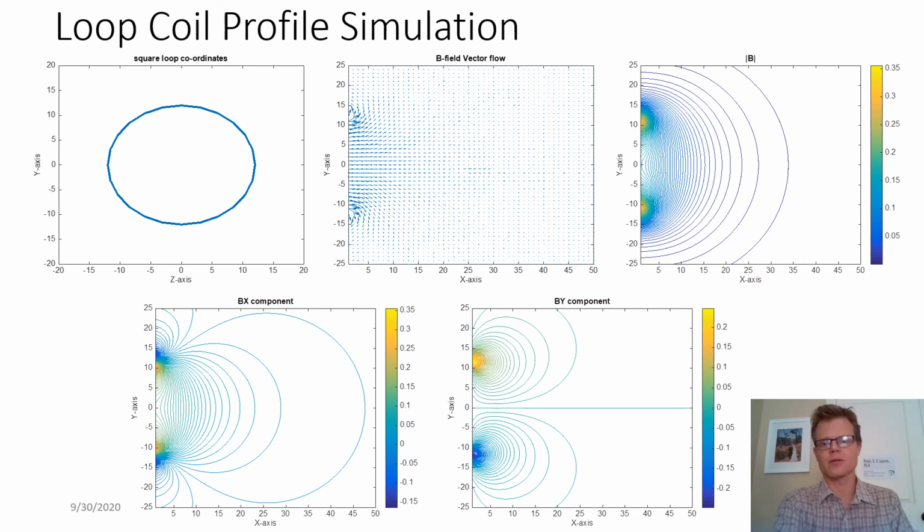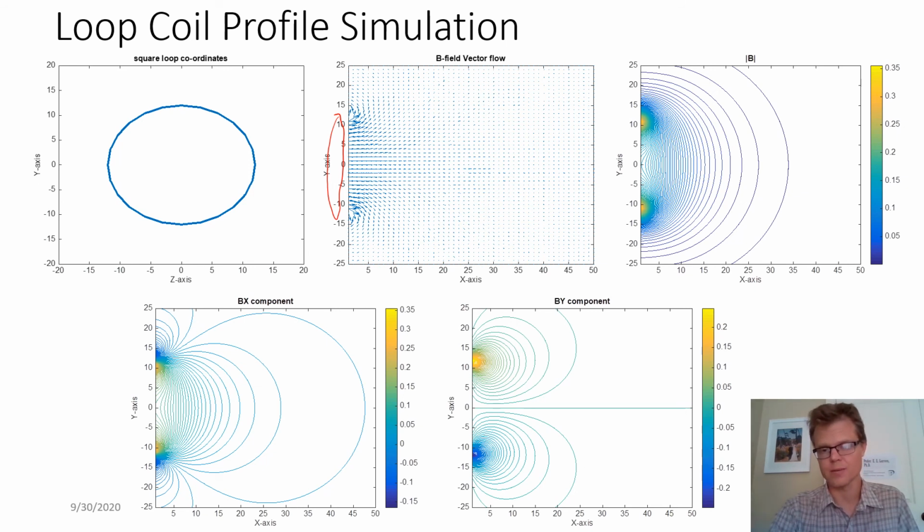And here we're simulating this loop of wire and the magnetic field that it creates. Note in these plots, the wire is first shown in the YZ plane, and then the rest of the plots have been flipped sideways, so the coil is actually sitting right here. We're looking at a cross-sectional view, and this first plot is showing the magnetic field vectors.